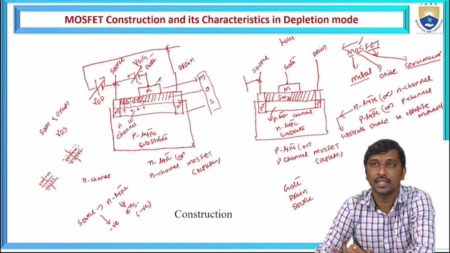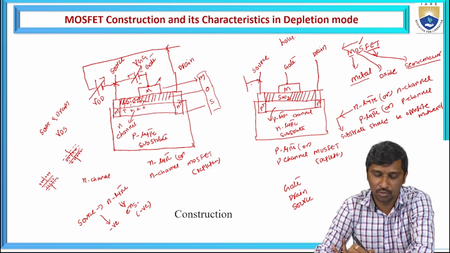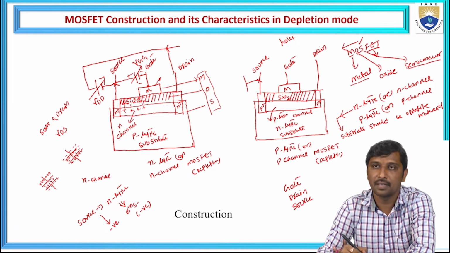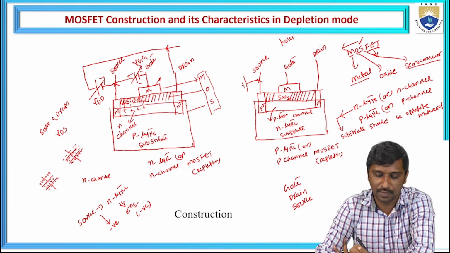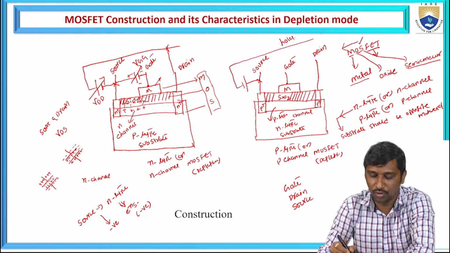Hence, based on the construction and the materials used, we need to apply the biasing. So if it is a P type or a P channel, based on the principle, the source is biased with the positive pole of the battery with respect to the drain. Hence, a negative pole is connected to the drain.